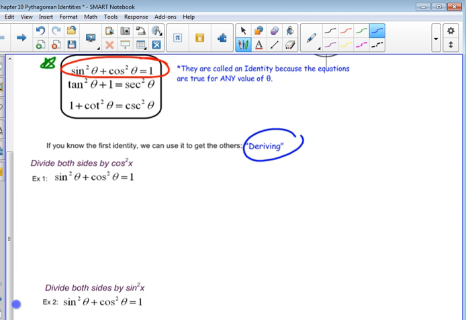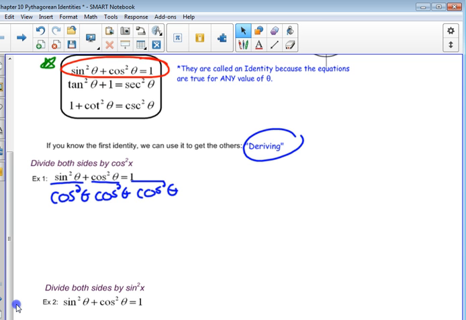So we start with the identity we know, and we divide everything by cosine squared. We're going to look to see what the fractions can be reduced to. If we divide each part by cosine squared, what was sine over cosine?